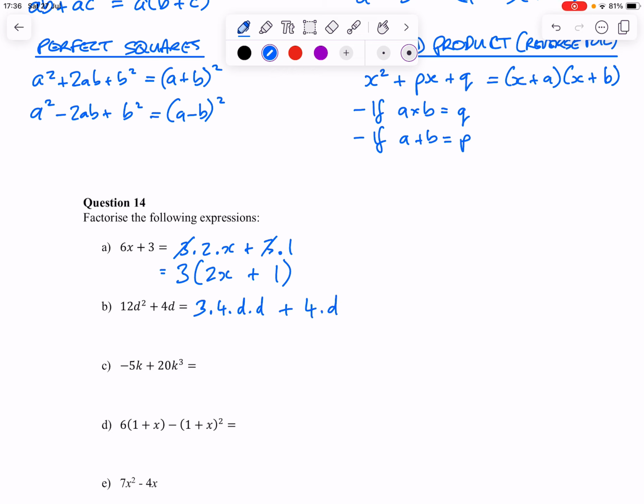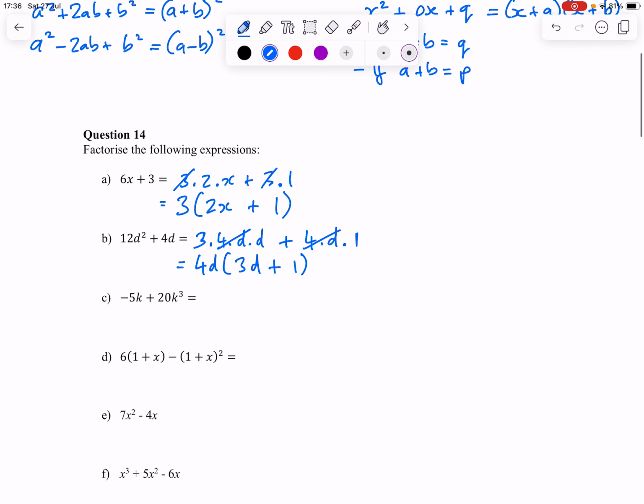The biggest chunk in both is 4d. So that 4d goes outside of a set of brackets. What's left over after that's been removed is 3d plus, what's left over here? Well, the only thing that you can times something by itself and leave it is 1, so it's going to be 3d plus 1.